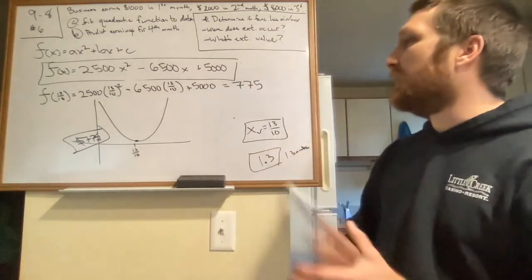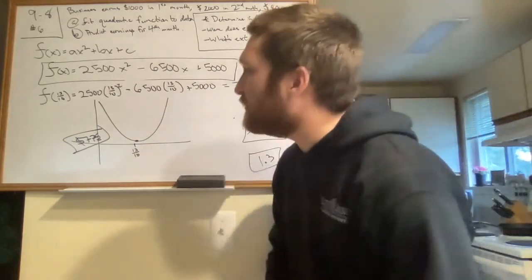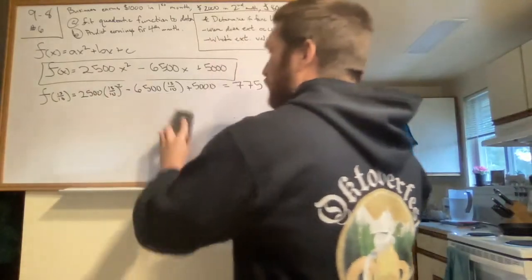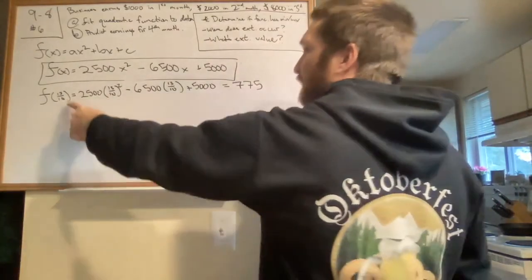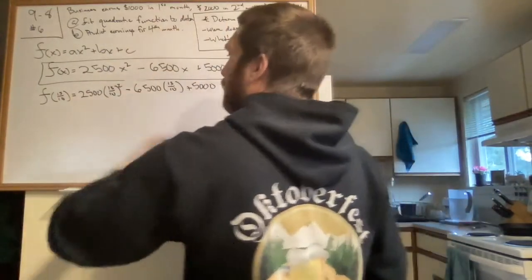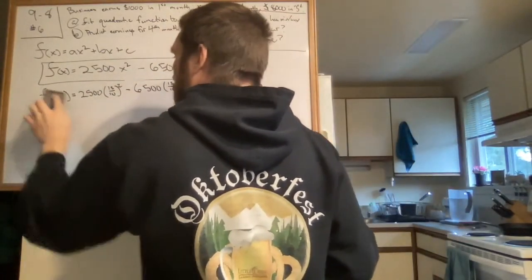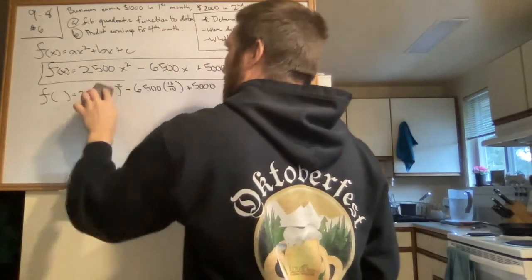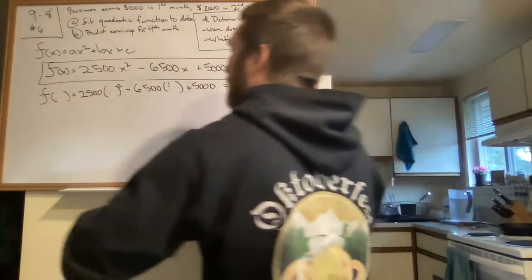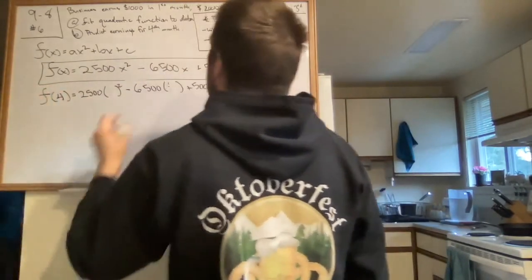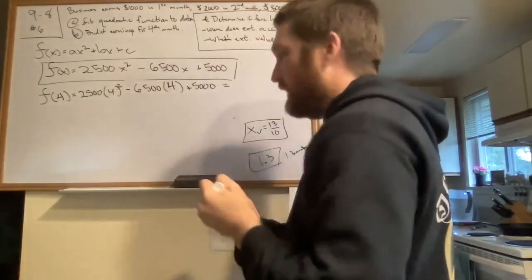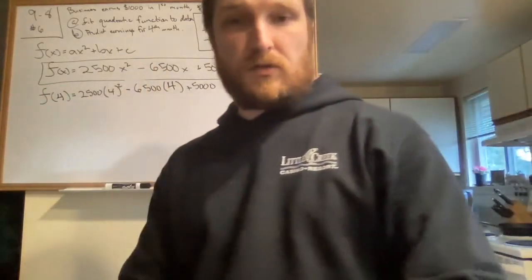But finally, we could say predict the earnings for the fourth month. Well, all that is what do we get when we plug in a 4 for the input value? Because we're talking about months here. And so the fourth month would mean that for X, we just plug in a 4. So we'll have f of 4, the earnings for the fourth month, will be what we get when we do this. Again, I'm going to plug that straight into a calculator.